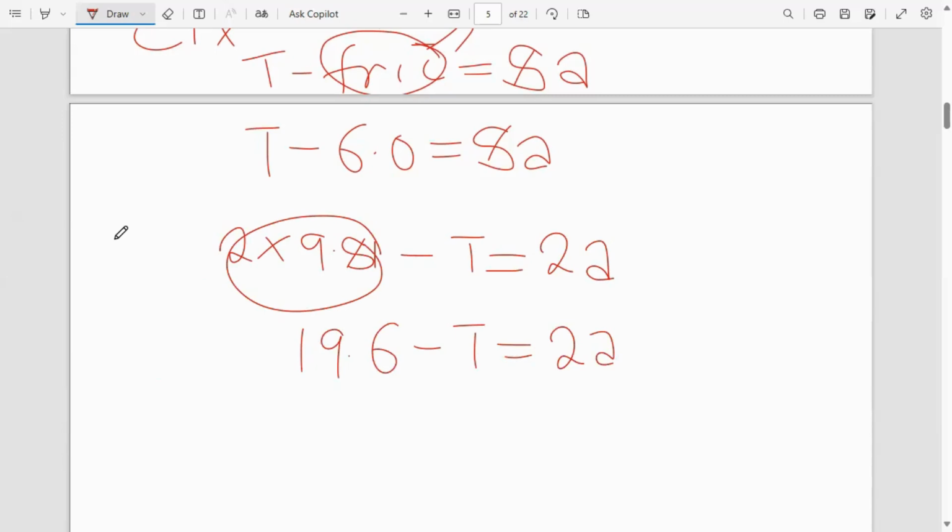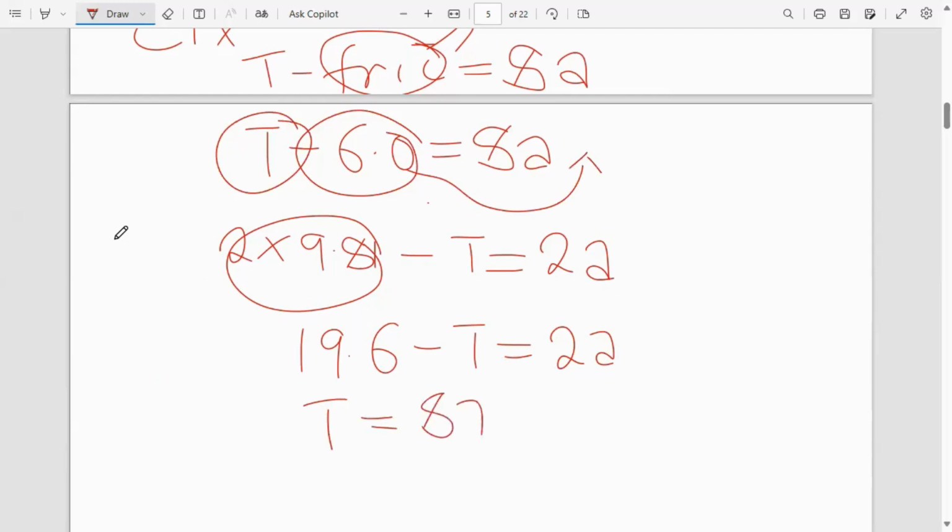Okay, so now I can make T the subject of the formula in this equation here. Why? I'm going to transfer negative 6 to the other side of the equation. I'm going to have T is equal to 8A minus 6.0. Then since this is T, I'm going to replace it into this equation here.